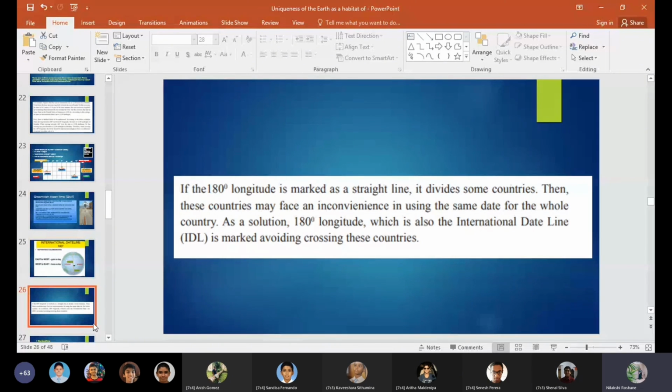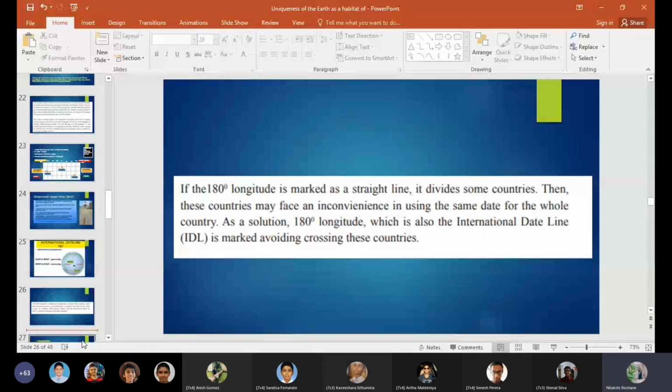So the International Date Line is not a straight line. Earlier some of the students came up with this and explained that it is not a straight line. Yes, it's true, it is not a straight line.